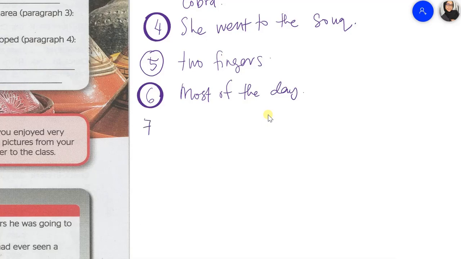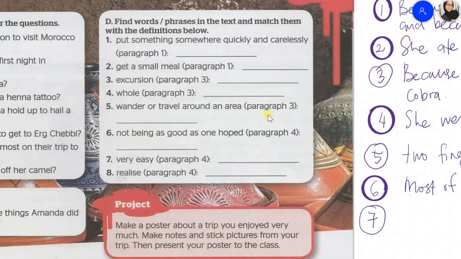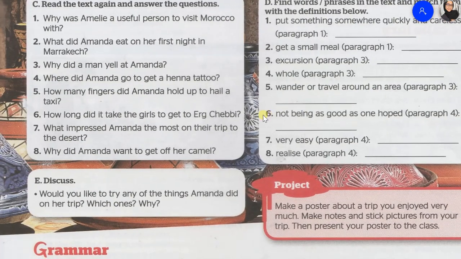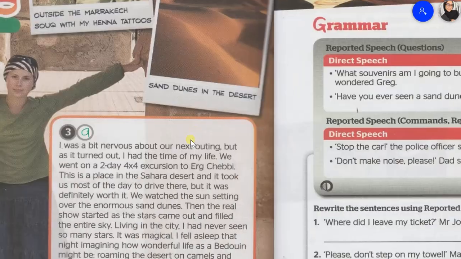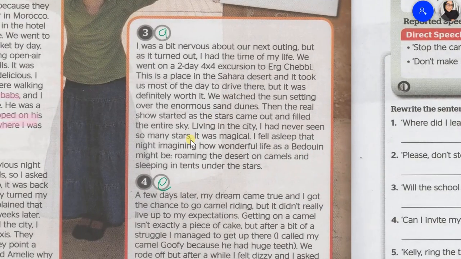Right. Number 7. What impressed Amanda the most on their trip to the desert? Then the real show started. Look how big of a deal it is, because it says here, the real show started.